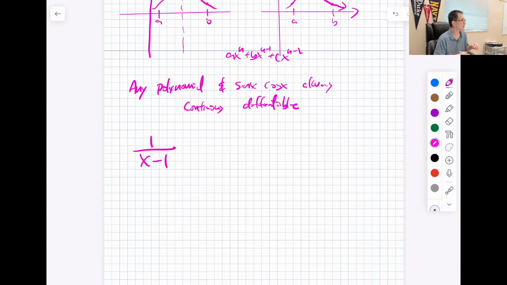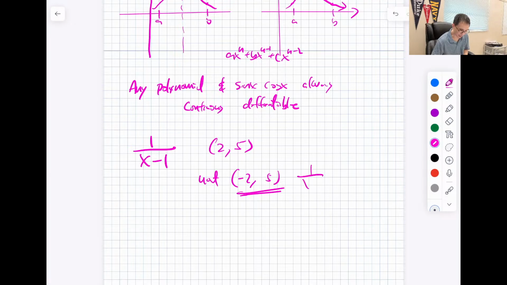So if it's 0 to 5, then you're going to say, oh, no, this doesn't work. Does that make sense? Because it will work from 2 to 5, but not from -2 to 5. Why? Because there's 1 over x minus 1. x cannot equal 1, so there's an issue there.